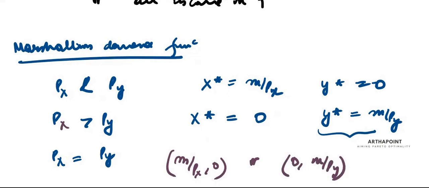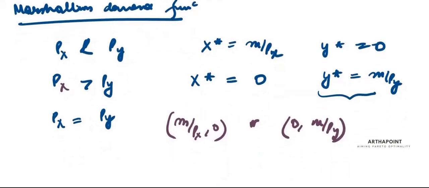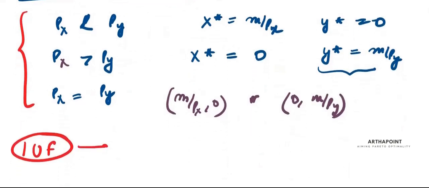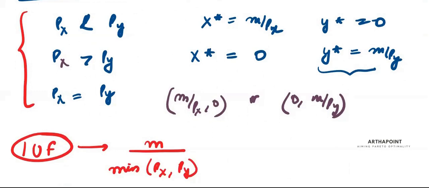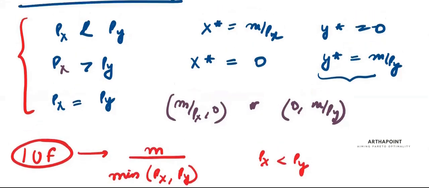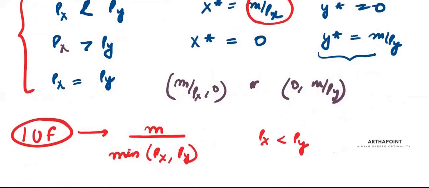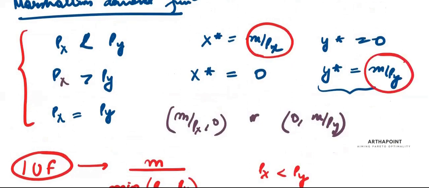So, because they act very similar to the substitute goods, the indirect utility function for the max goods is the same as for substitute goods: M upon min of Px comma Py. When Px is less than Py, you are getting your utility as M by Px. When Py is less than Px, you're getting your utility as M by Py.